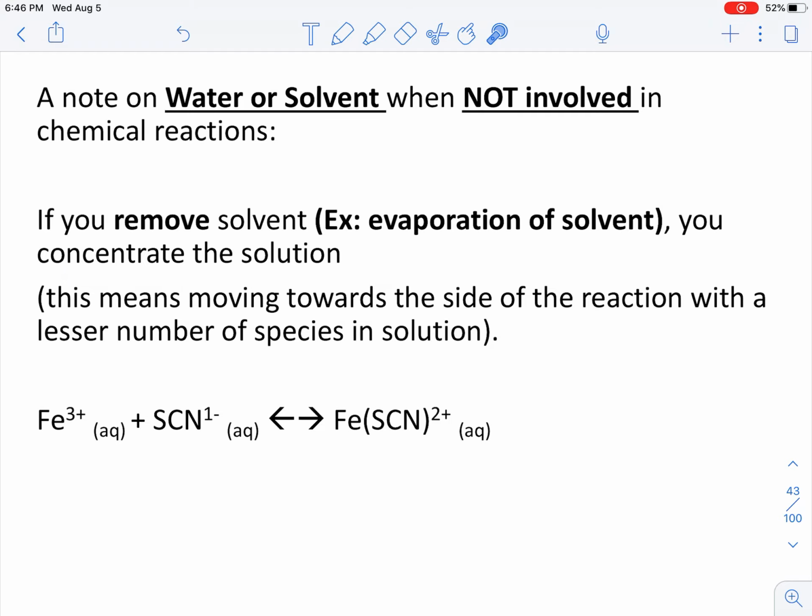If you remove the solvent, you're concentrating the solution. And so I apologize. So if you're concentrating the solution, that means that you want to dilute the solution. And the only way to dilute the solution is to shift the equilibrium that favors the lesser number of particles in the solution.